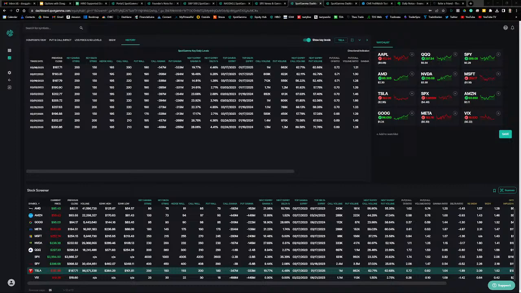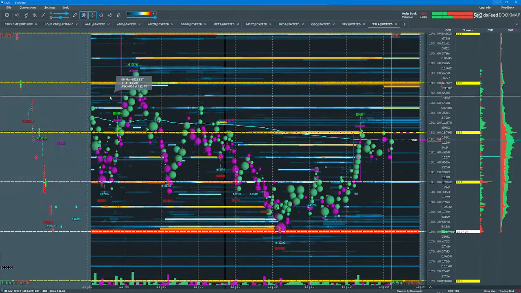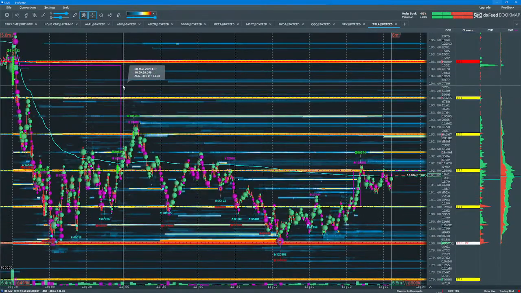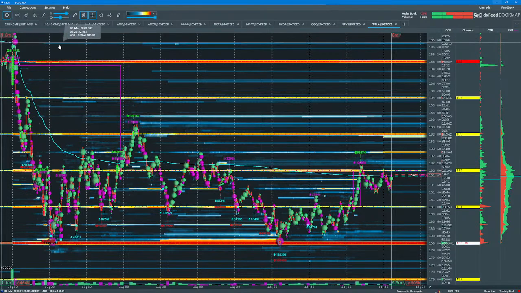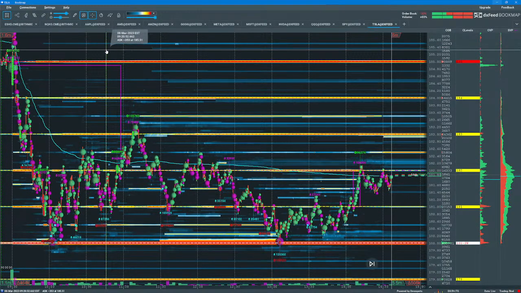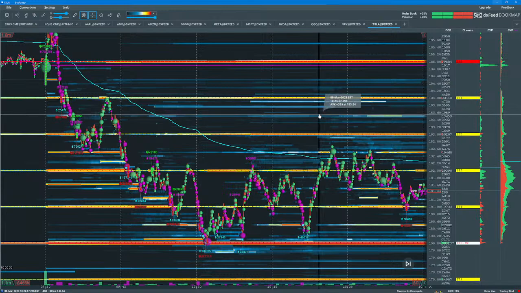So now let's go to Bookmap, and let's zoom in like this. And so there's the move down as Tesla was dropping.